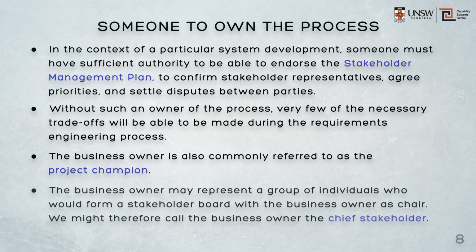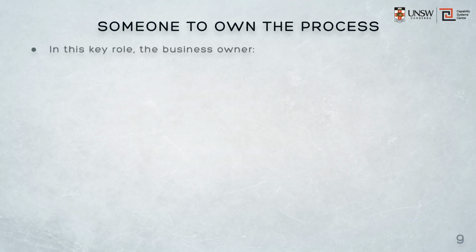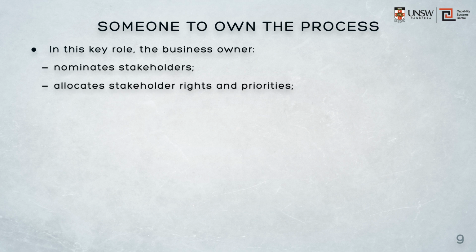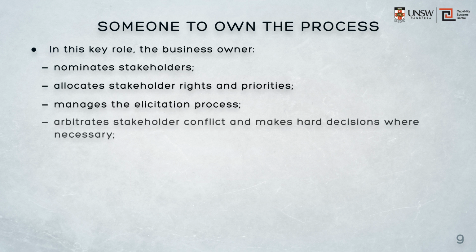They may also represent a group of individuals who would form a stakeholder board with the business owner as chair. We might therefore call the business owner the chief stakeholder. In this role, the business owner does a number of things. First, they nominate stakeholders. They allocate rights and priorities. They manage the elicitation process. They arbitrate any conflict and make hard decisions where necessary.